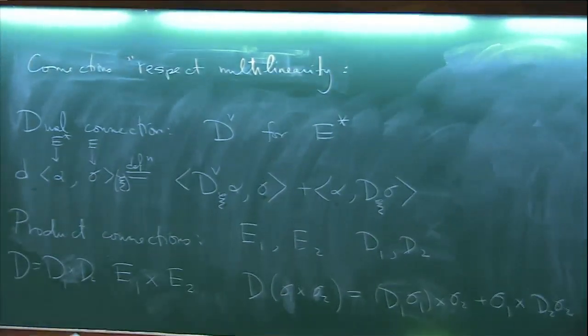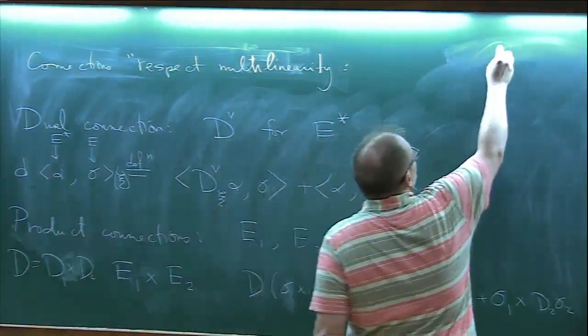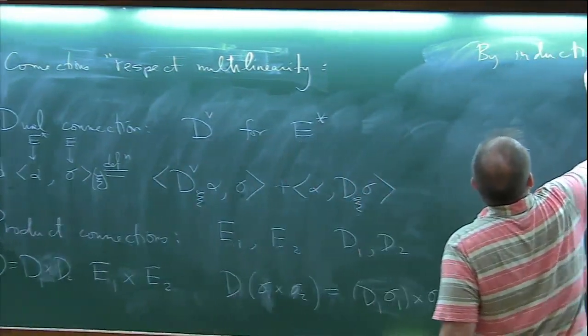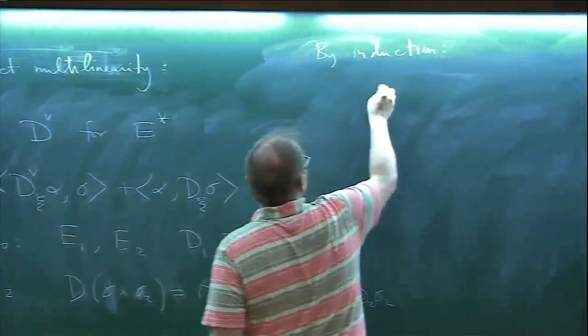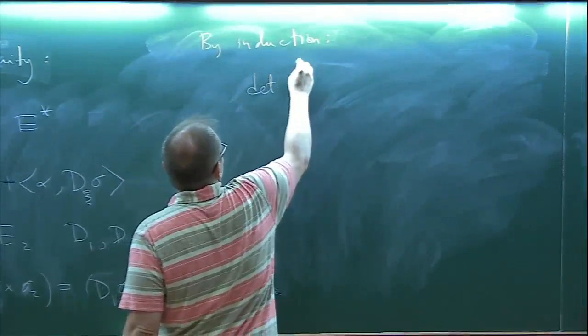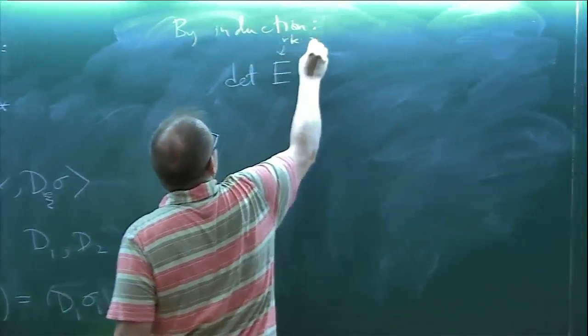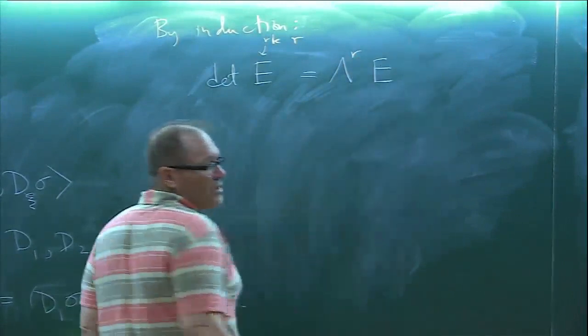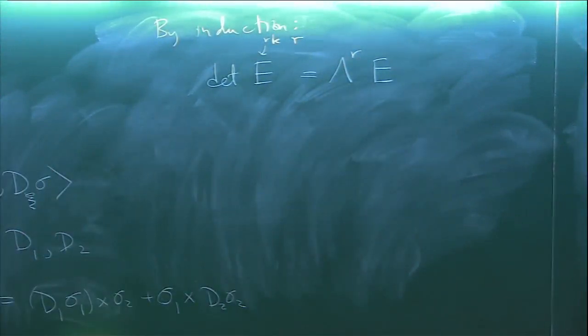And one interesting special case is, by induction, you could look at the determinant of a vector bundle. So if this E has rank R, this is just the rth wedge product of E. That's what the determinant bundle means.